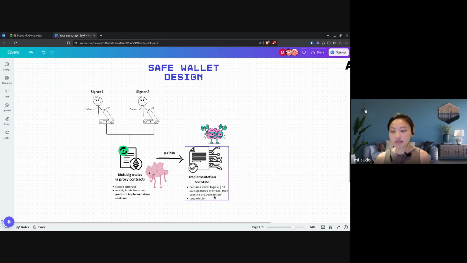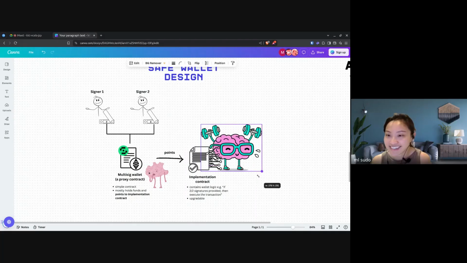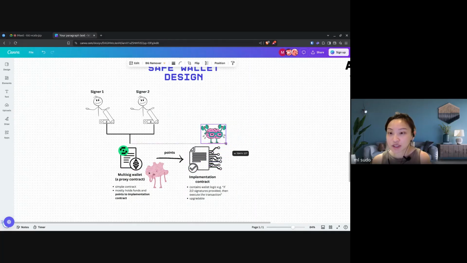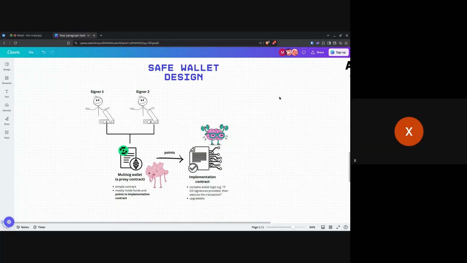For example, if 2 out of 2 signatures were provided, then execute the transaction. And this is how Safe can upgrade their wallet designs. So it's not static. That's why you have a very big brain here that does workouts. Is that roughly right? Yeah, that sounds roughly right.